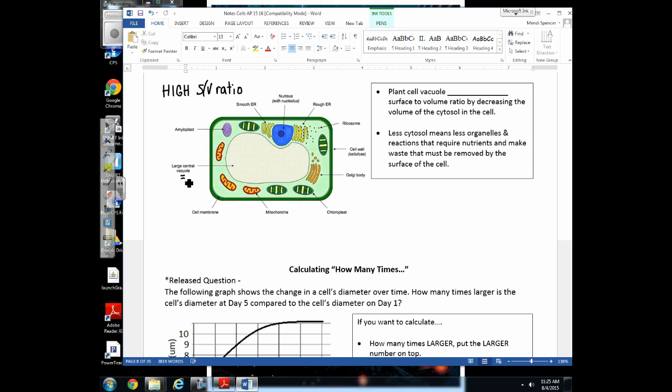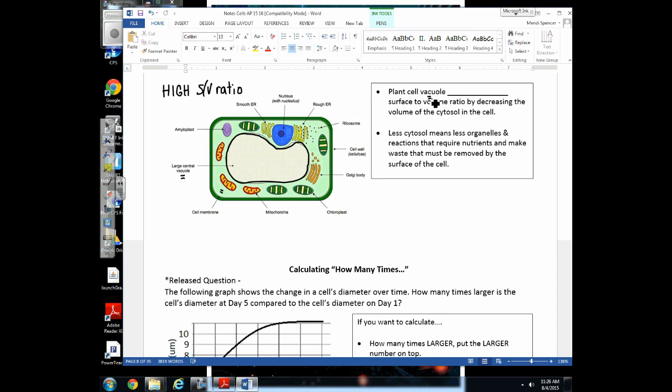Now, consider how the volume or the contents of the cell is altered by the fact that there's a really large structure in the middle of the cell. By having this really large vacuole, it actually reduces the volume of the contents of the cell. There's less room for mitochondria and chloroplasts. There's less cytoplasm because of the really large vacuole. So as a result of this really large structure in the cell, this vacuole, the surface to volume ratio of this plant cell is increased.